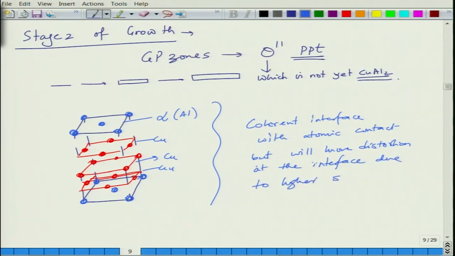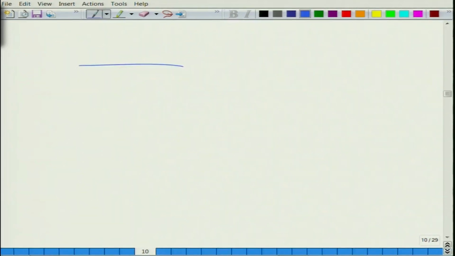higher strain. So essentially it is going to look like, if you have a structure like this, in between we have a precipitate. The precipitate has a lattice parameter which is similar to this, but your lattice has a parameter which is slightly different.